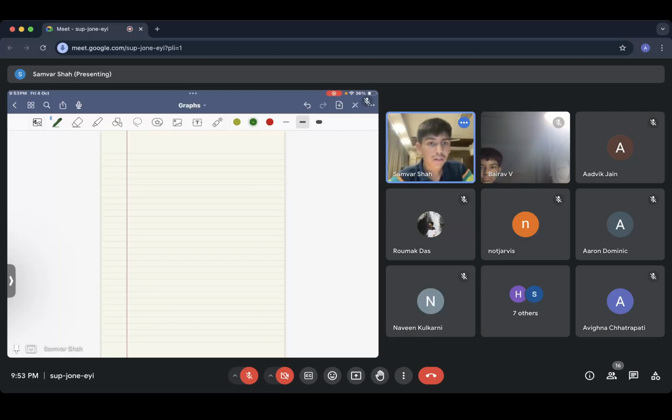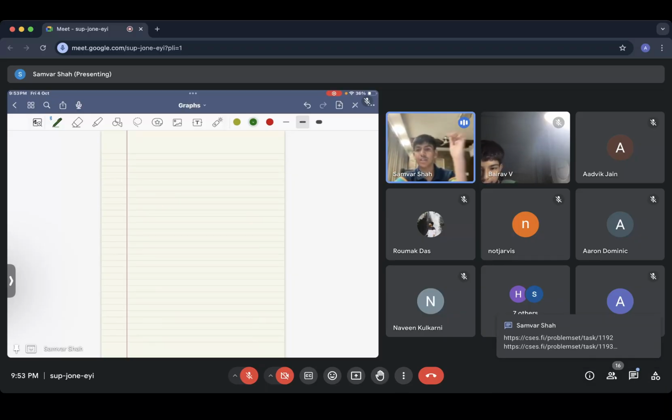Flight routes, and there was one more. Yeah, these are the 4 problems which I would suggest as a basic start to BFS, DFS, and Dijkstra, and all the concepts which we covered today.